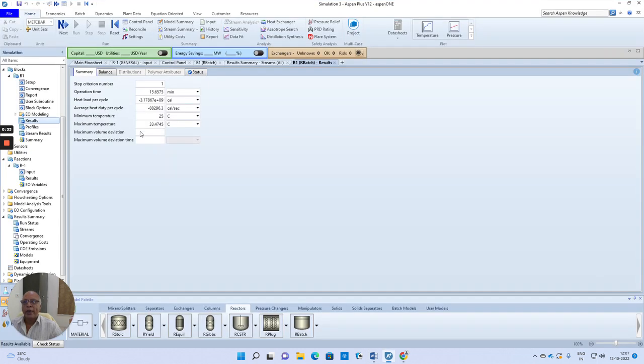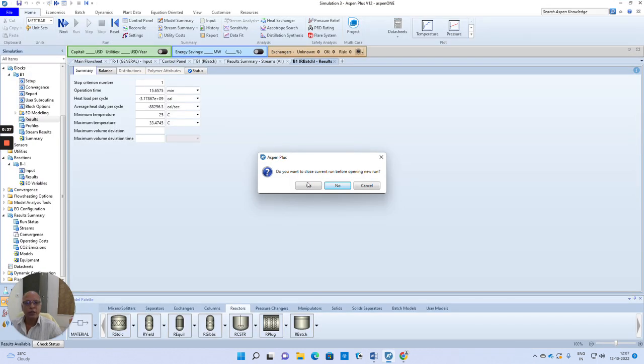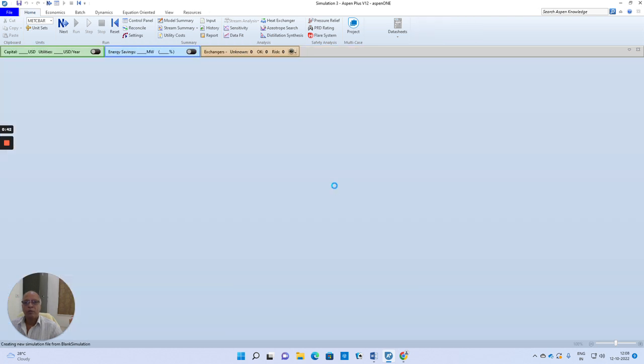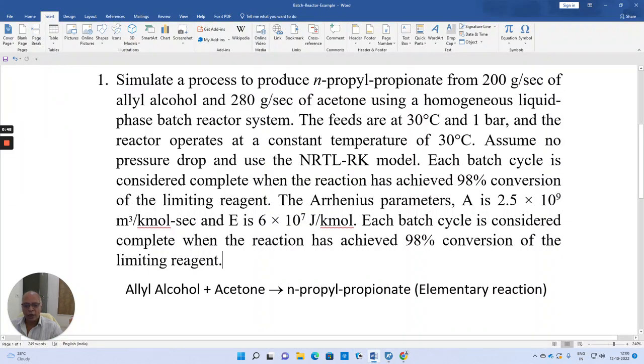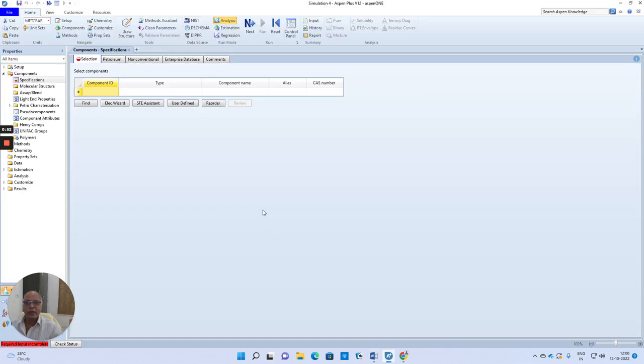So let me go back to Aspen, start with a new simulation. The three components that we have in this problem are allyl alcohol, acetone, and N-propyl propionate. So let us add these components.